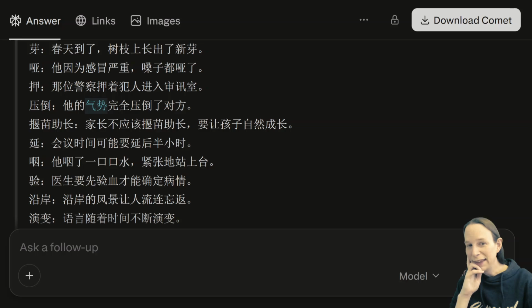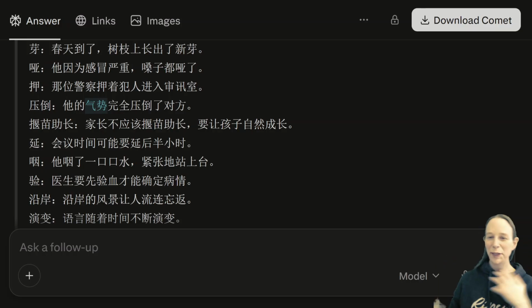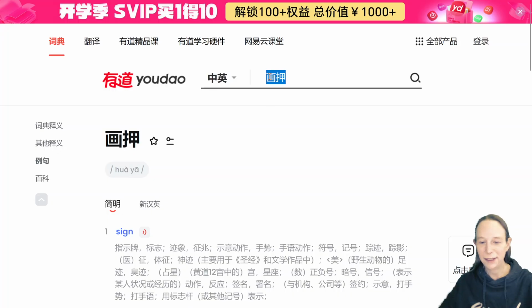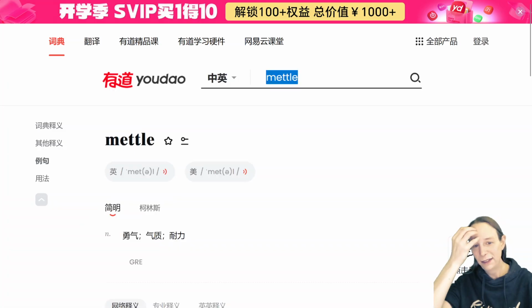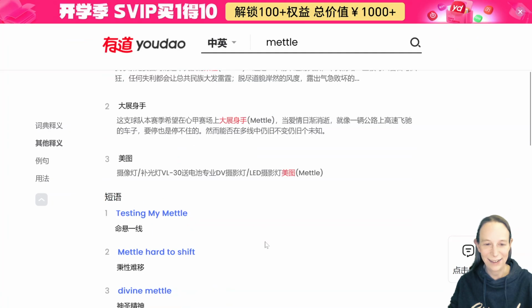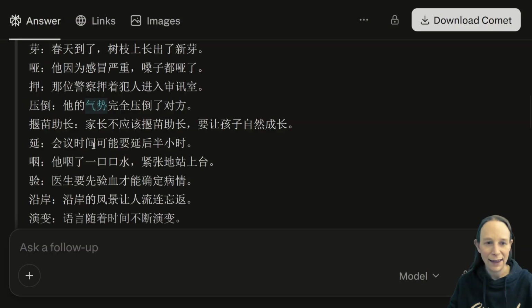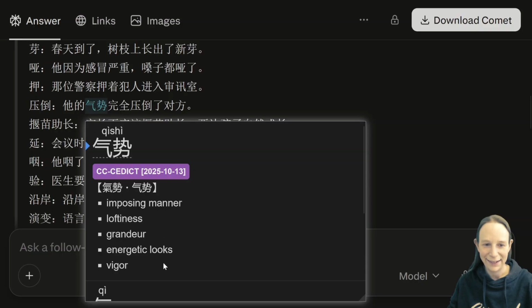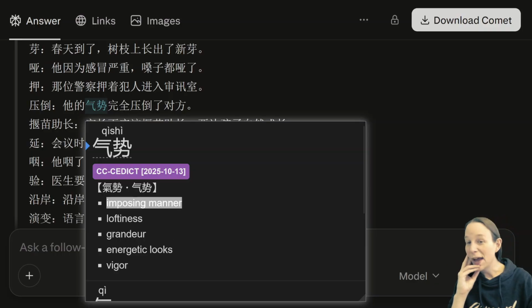Yeah, this is one of these abstract concepts that exist in Chinese that I don't really have a strong grasp on, but it's something like his mettle. Yeah, as you see, there's a lot of this sort of stuff. What do they translate it to? Okay, imposing manner.